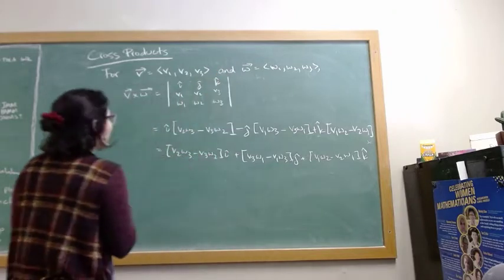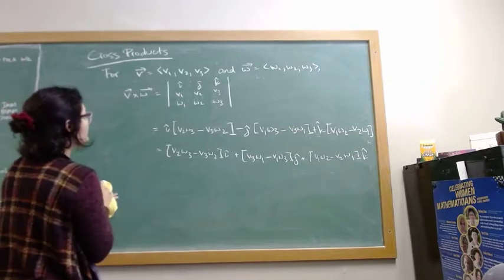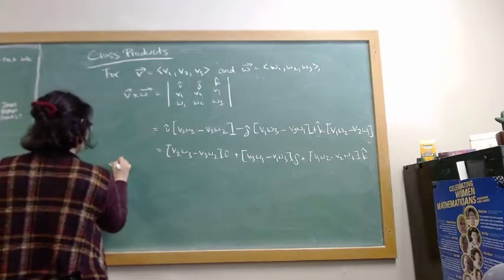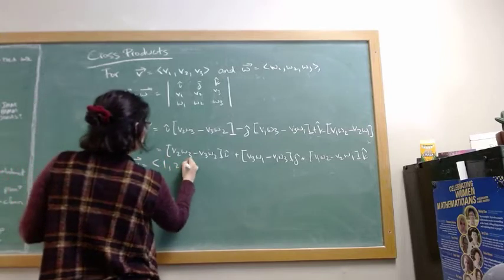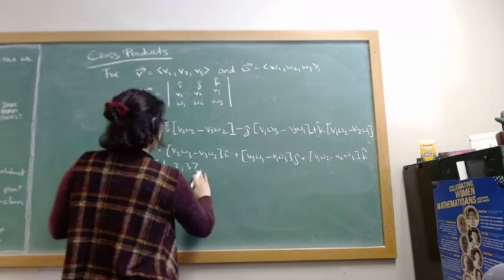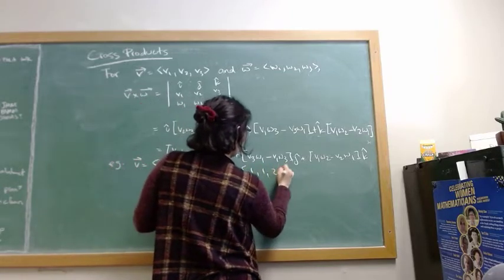And so we're going to go ahead and just practice this. We'll take v equal to 1, 2, 3, and w equal to 1, 1, 2.